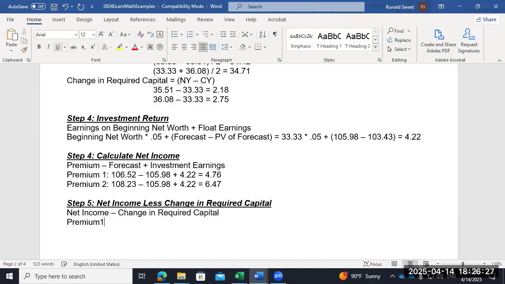You have premium 1, 2, so we have our net income 4.76, 6.47. Yet our change in required capital is up here, 18.75. It's what? All right, it's 3. Oh, that's right, that's 4. Okay.